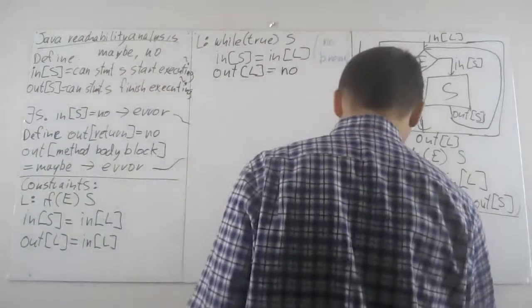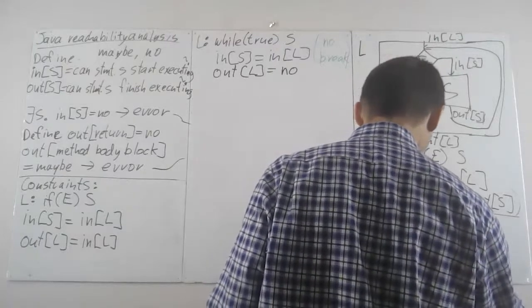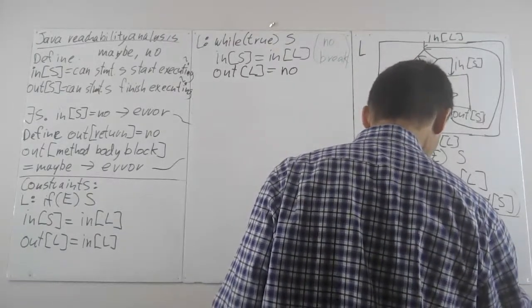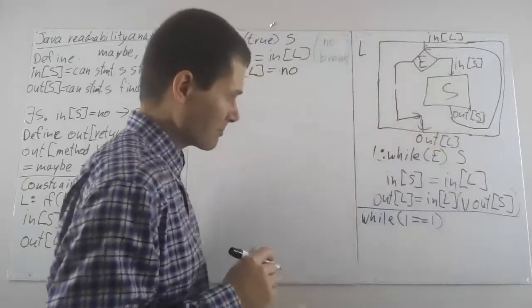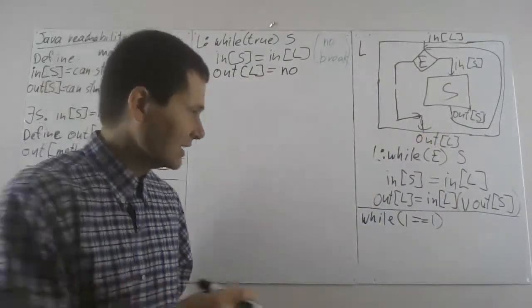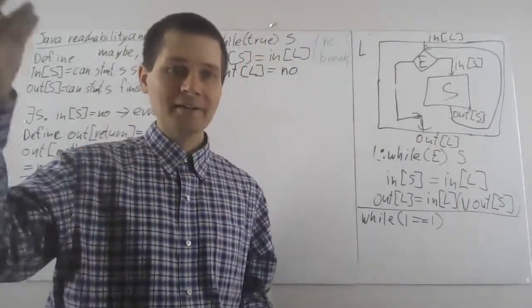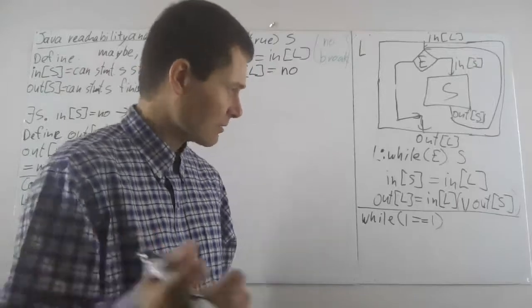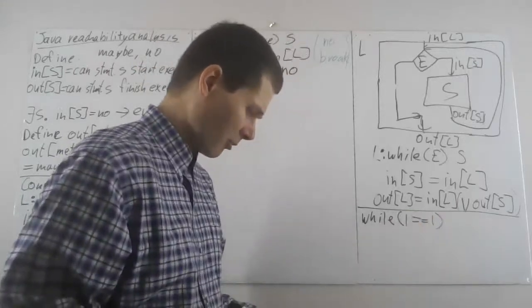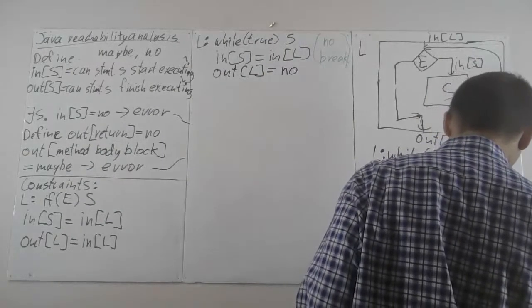What if you write while 1 equals 1? The Java spec is going to say this is also equal to true, and the compiler can figure this out because 1 does equal 1. So I'm going to say constant.